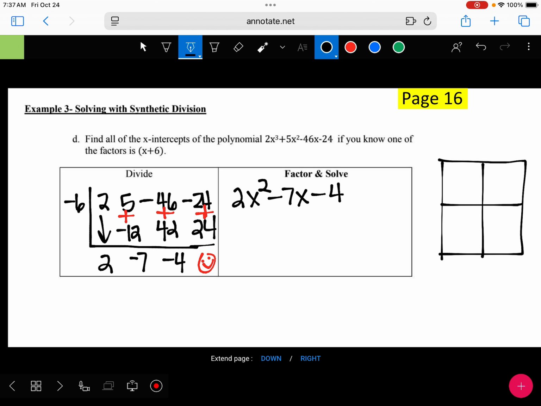I'll take that negative 7. Now you're going to multiply. Put that here. Add.